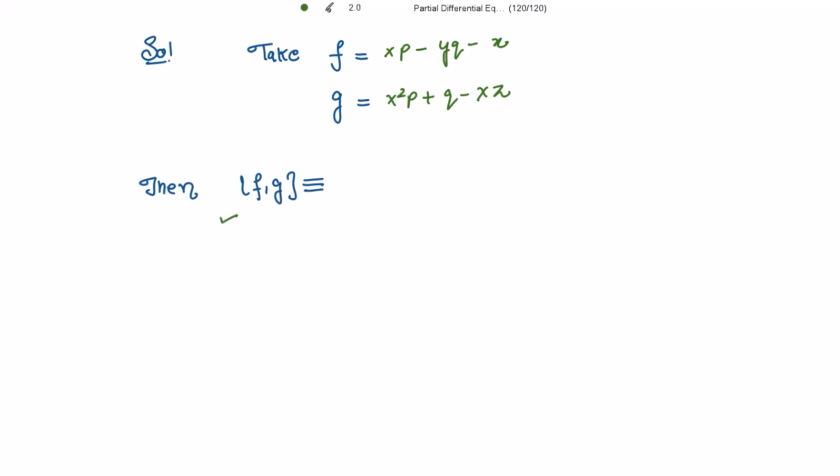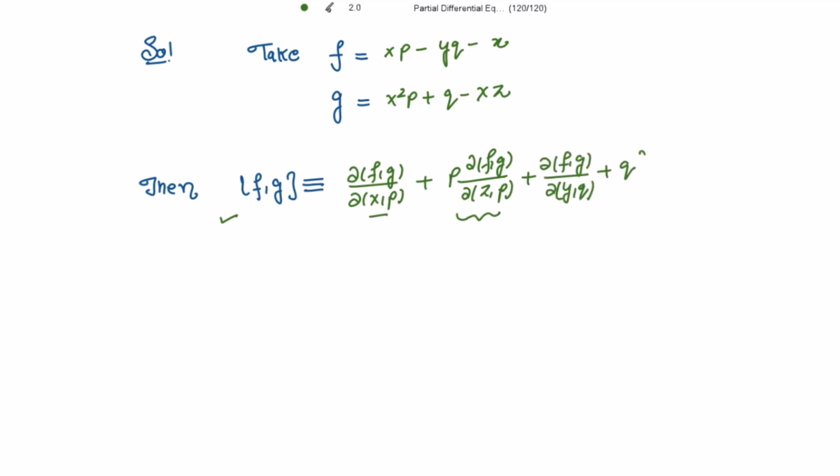It is equivalent to the partial derivative of fg with respect to xp, plus p times the partial derivative of fg with respect to zp. When we have p over here, we should have z with p. Then the partial derivative of fg with respect to zq. Please remember this, and let's find this out.